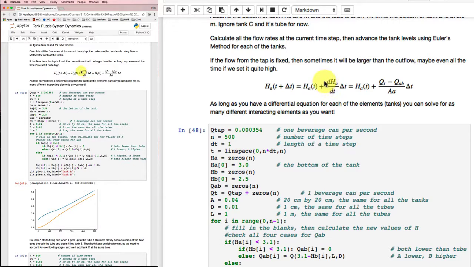It's not the best numerical technique, but it's going to work for an awful lot of things. And if we substitute in our expression for the rate of change of height, it'll just be the height that it was in the tank plus the difference in flow rates divided by the area times delta t. So as long as you've got a differential equation for each of the elements in this system, each of the tanks, you can solve for as many different interacting elements as you want. So that's kind of cool.